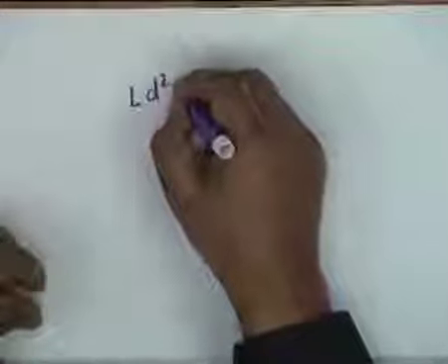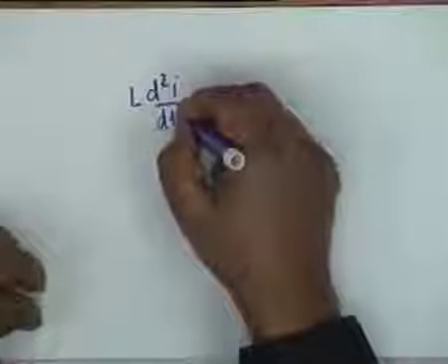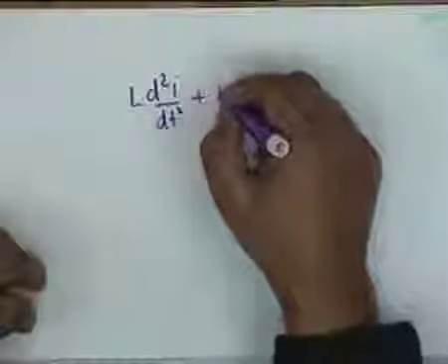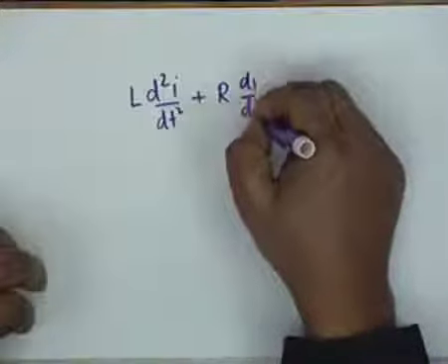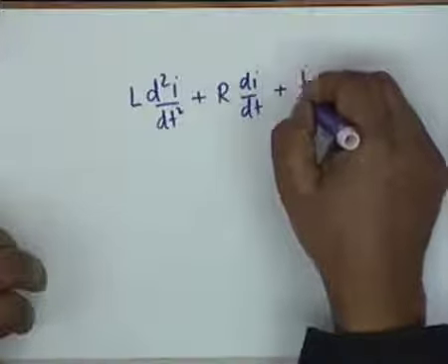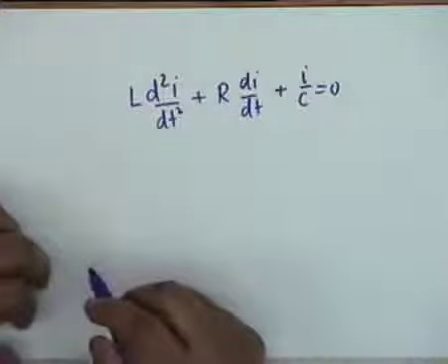Let us write this equation again. L d2i/dt2 plus R di/dt plus I by C equal to 0.